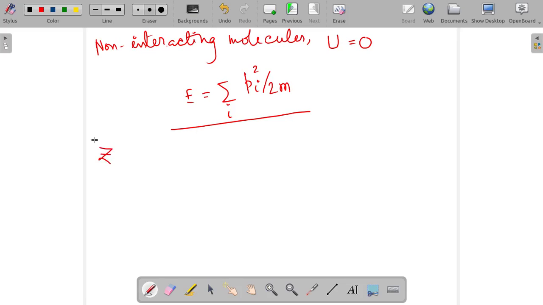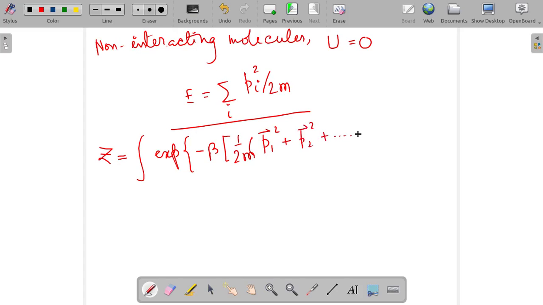The classical partition function will be the integration over exponential minus beta times 1 by 2m (p1 square plus p2 square up to pn square) plus U(R1 ... Rn). In the partition function usually there is a summation over all possible energy, all possible configuration energies.